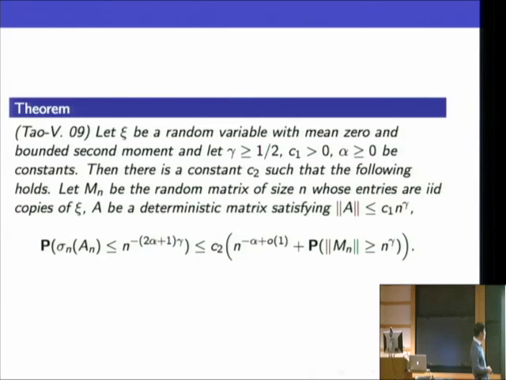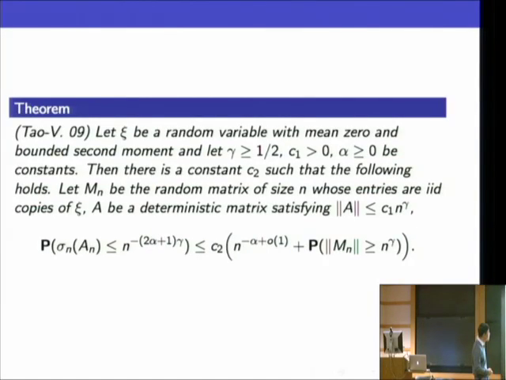The theorem gives you a bound. So if the norm of A is something like n to the gamma, and you have the bound like this, then the right hand side is this. It is hard to think about it in general, so it's good to take a concrete example. Let me assume gamma is half, or maybe half plus epsilon.